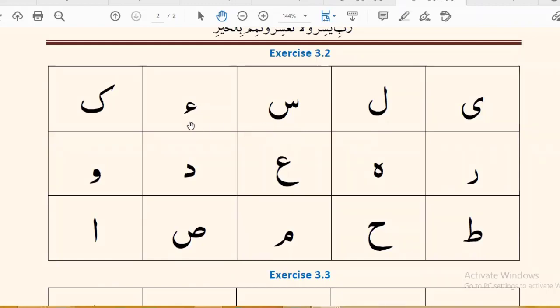Sin. Excellent. Well done. Hamza. Kaf. Brilliant. Excellent. Ra. Ha. Excellent. Another one. Can you tell me what letter this is?